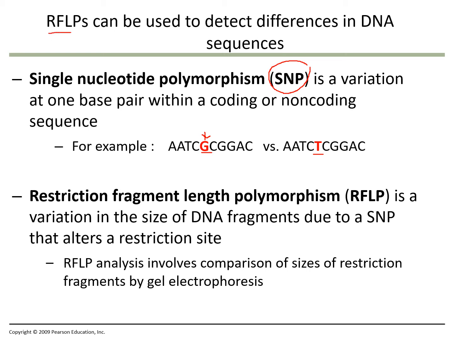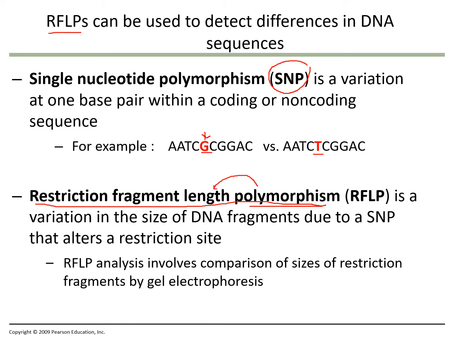So an RFLP is a restriction fragment length polymorphism. So what does that mean? Restriction fragment: when the restriction enzymes cut it, it becomes a restriction fragment. And then the lengths are polymorphic. Polymorphism means different morphs, or different sizes, different shapes, whatever. So they look different, and the lengths are different.